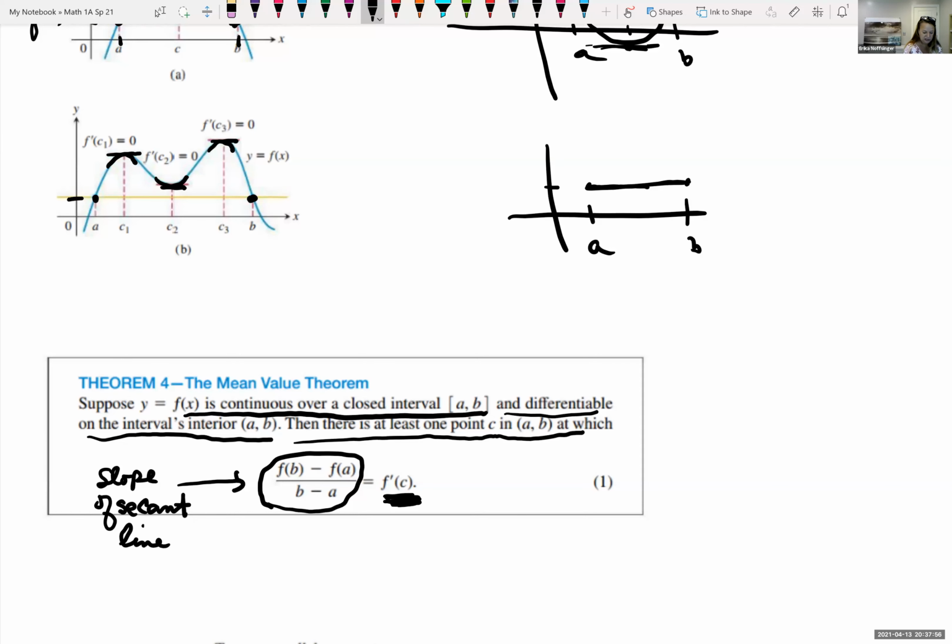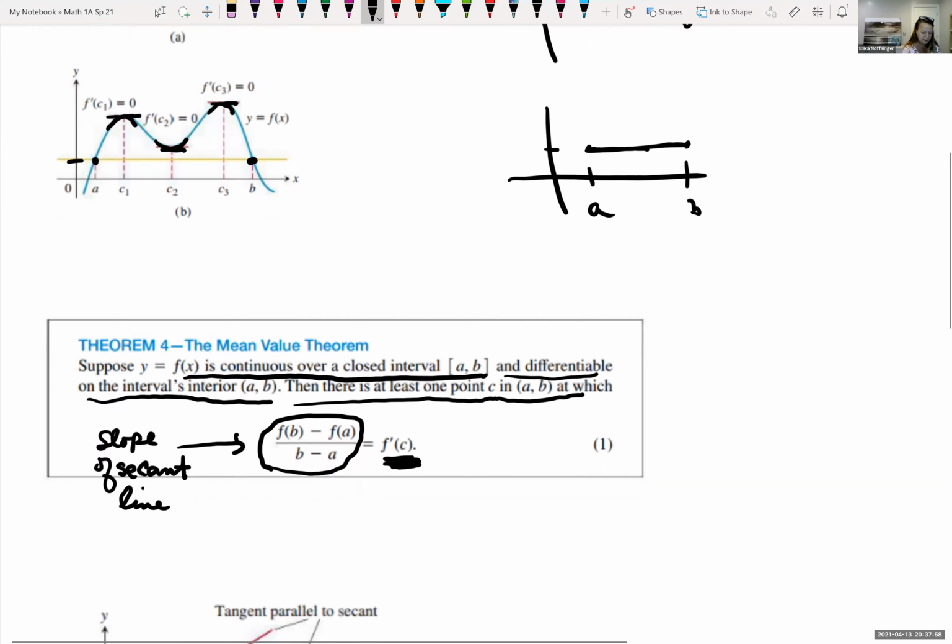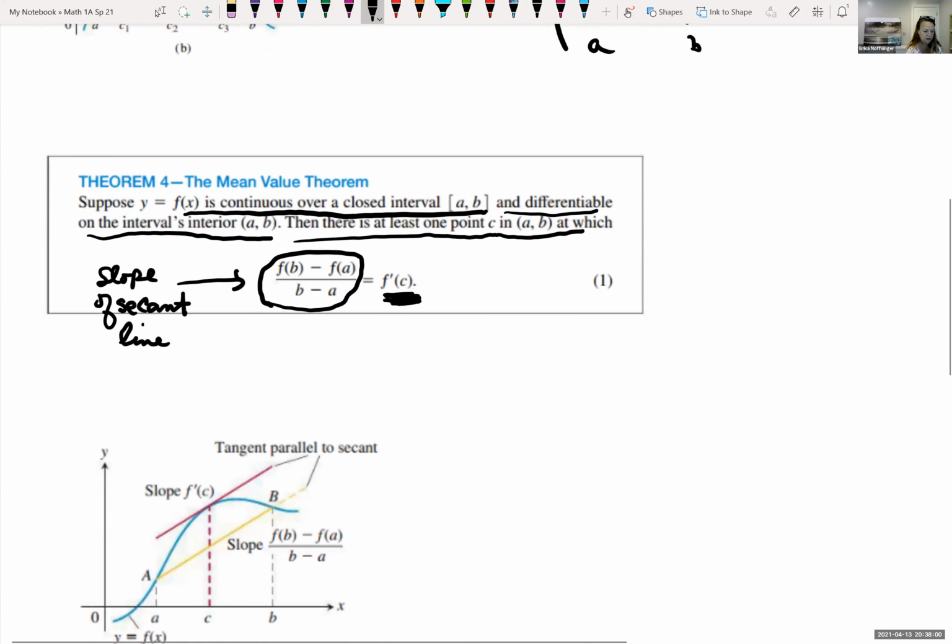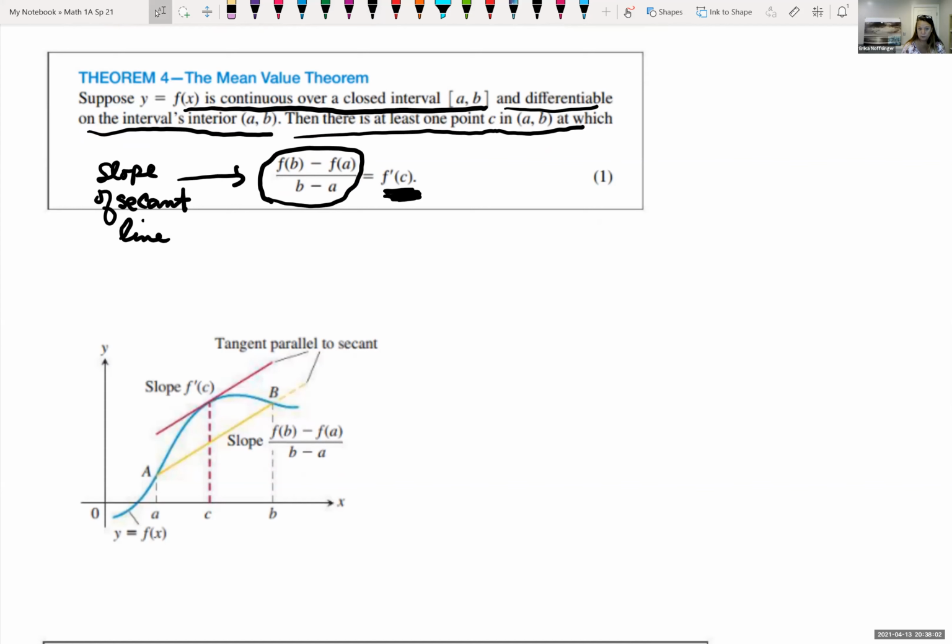So looking at how this could look pictorially, graphically. In this theorem, those endpoints a and b don't have to be the same y value, like Rolle's theorem said they did.